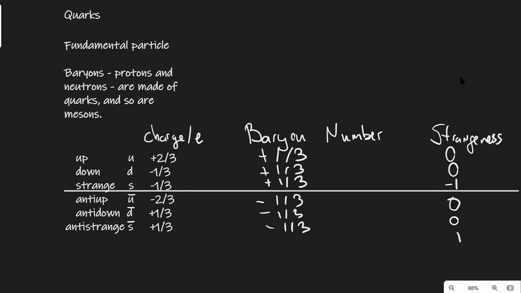There's another strange quantum number known as strangeness, which is 0 unless we're talking about a strange quark. Now the strange quark has a strangeness quantum number of -1, which is super interesting. It's a topic of a whole other video. And the anti-strange quark has strangeness of 1.